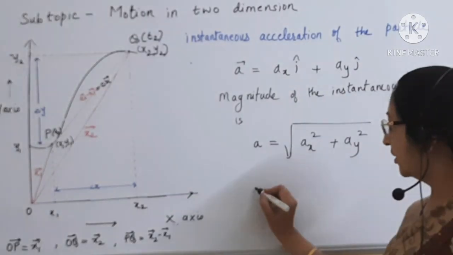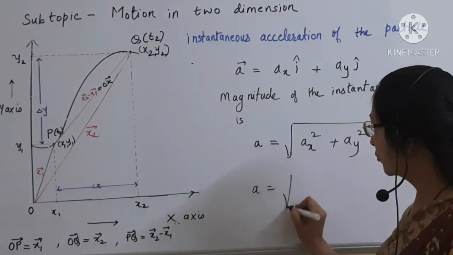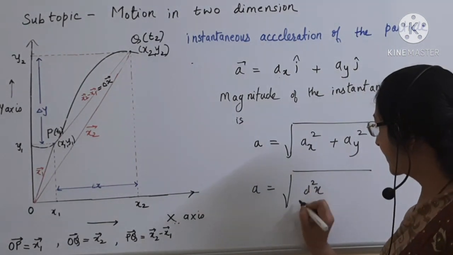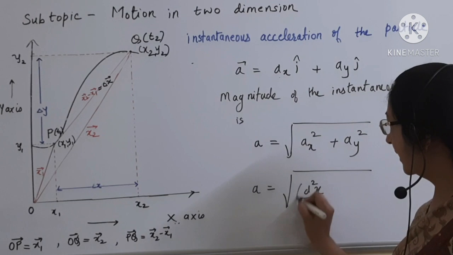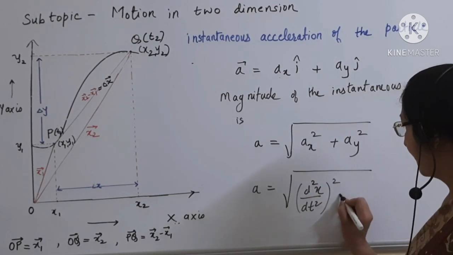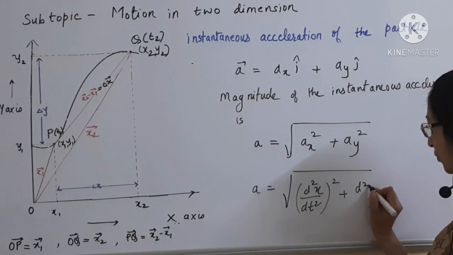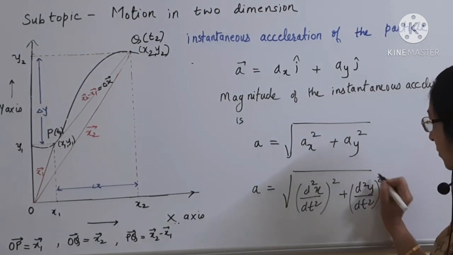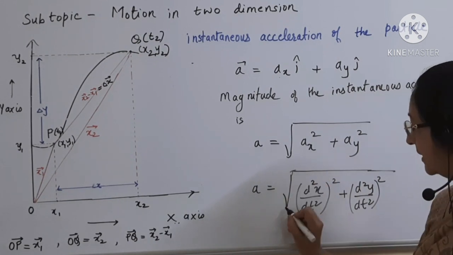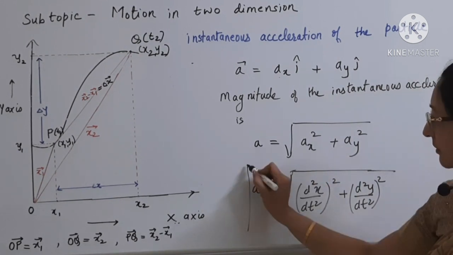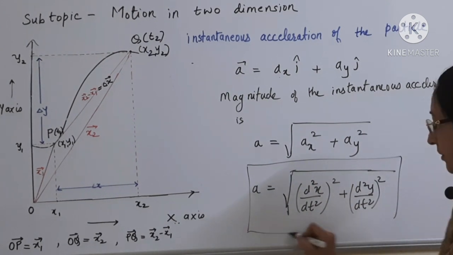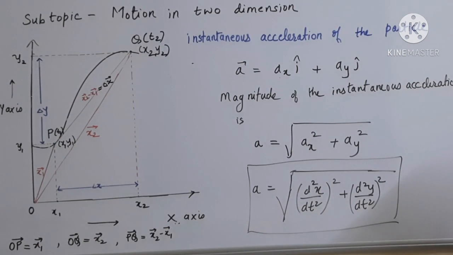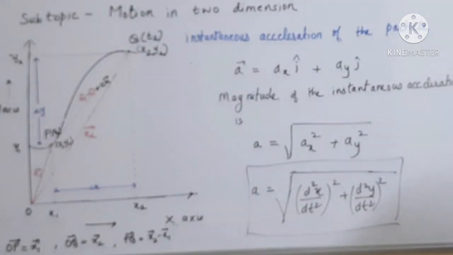So that is A is equal to, we can also write in the differential form मध्ये, d2x upon dt square plus d2y upon dt square. So this is the magnitude of the instantaneous acceleration of the particle.